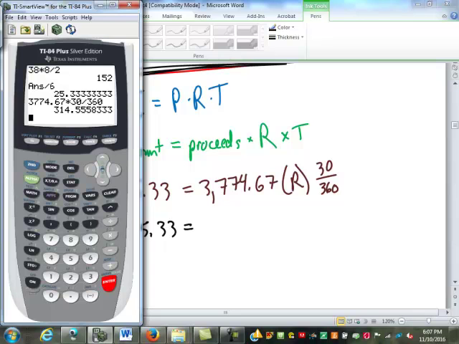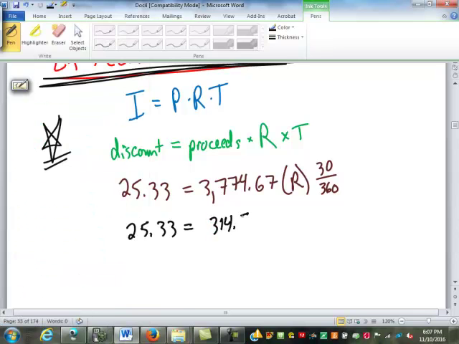I'm going to write down a number here, but I'm going to keep it in my calculator. So 314.56, just so I have something written down. If I were to type that back in like that, though, I'm going to get a very rounded answer. It's going to be far enough off that my MyMathLab would not accept it.